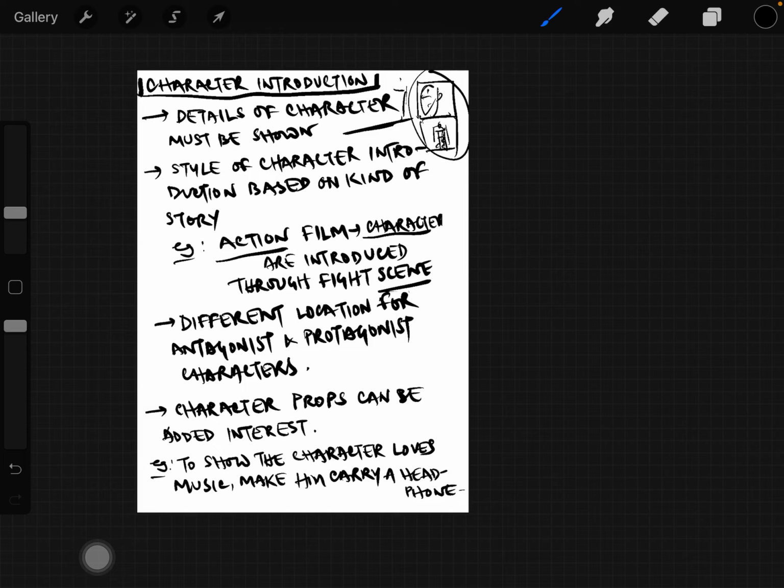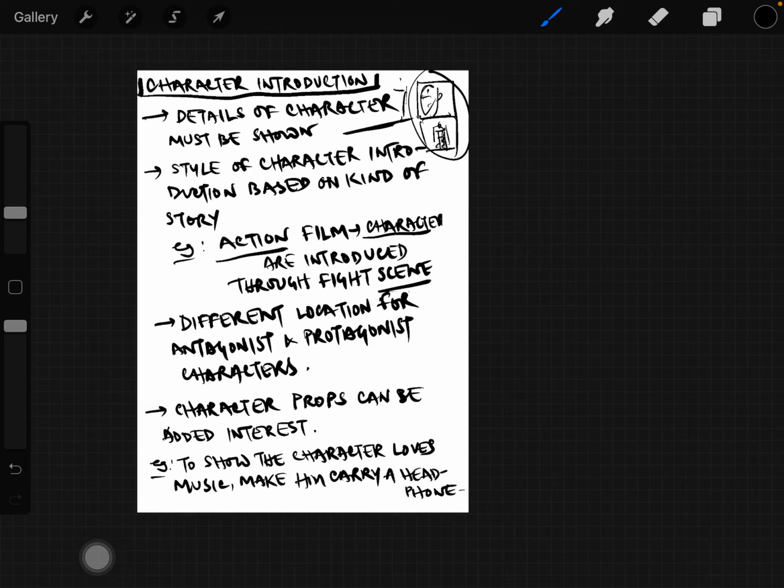Okay, for this, see some examples of some films. Whatever film you pick, keep in your mind and notice how the characters are introduced, how the main characters are introduced. So see some films, any kind of film, and try to notice how the main characters are first introduced in the film. Okay, you will understand.